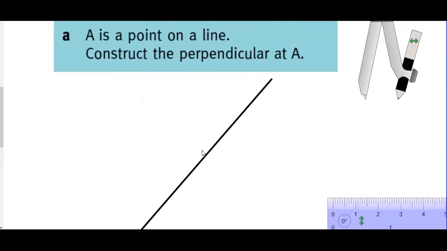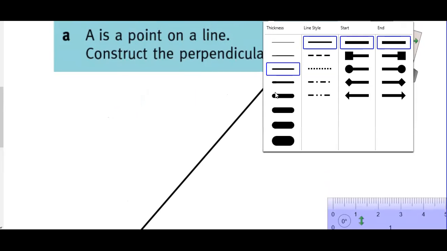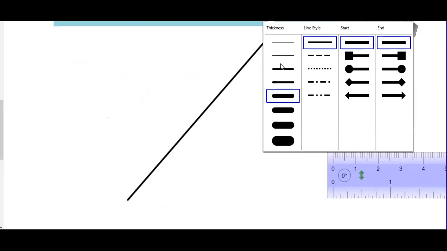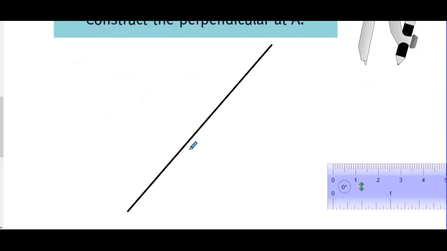So step number one, A is a point on a line. So go ahead and put a point on this line. I can put that point maybe somewhere here. You can put this point in the middle of the line, it is your wish.